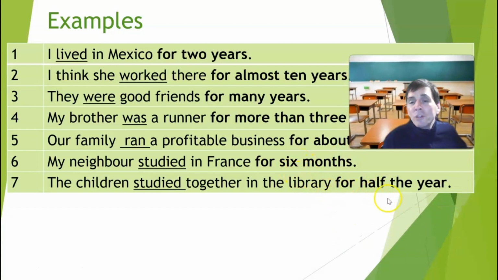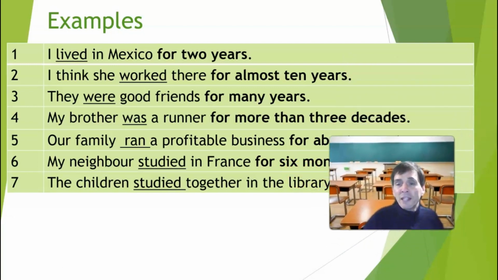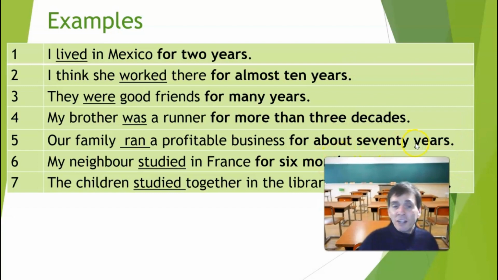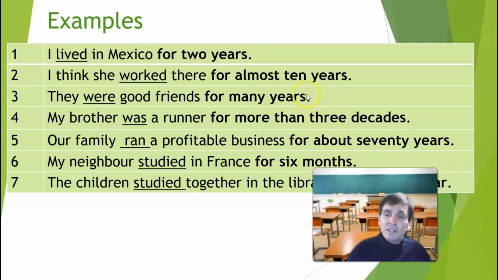Now this one's only for half a year, but we can see this one is for 70 years. So again, it's used to refer to actions that took a long time to happen. So again, we can use this to refer to actions that took a long time.